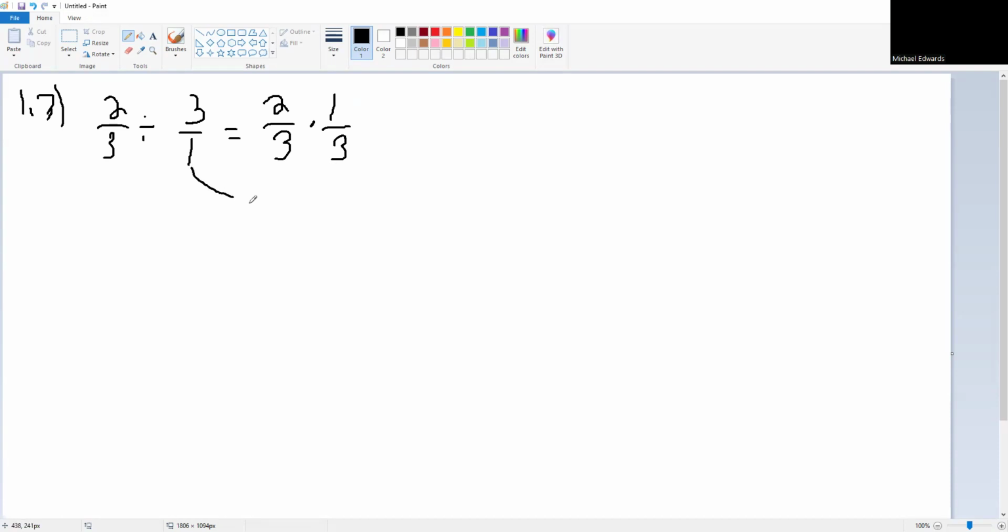So we just took this one and flipped it upside down. Now all we do is multiply, just like we did before. So this would be 2/9.